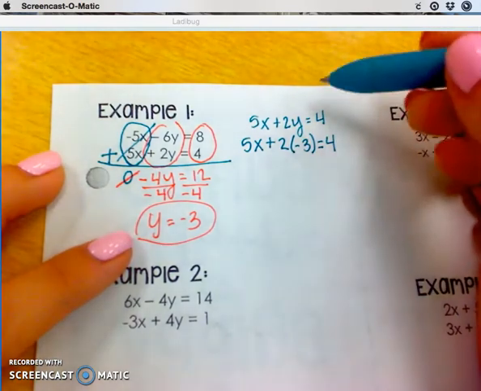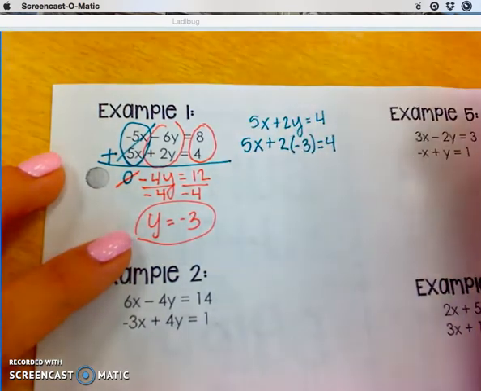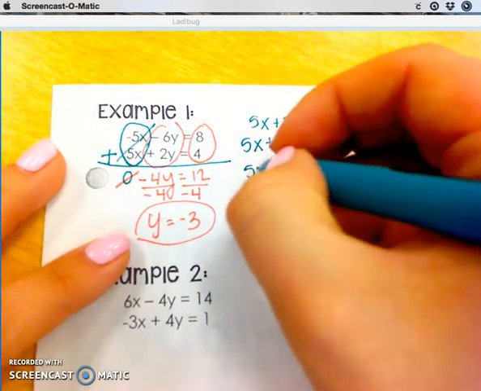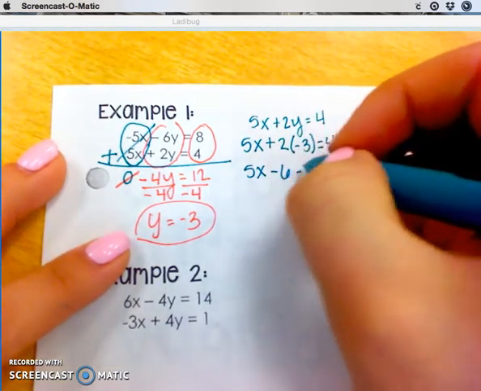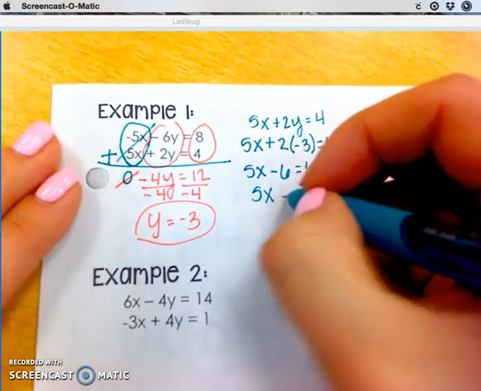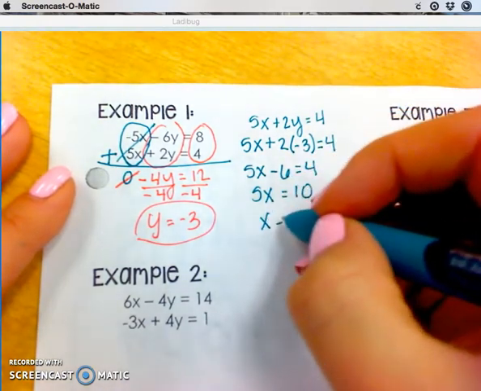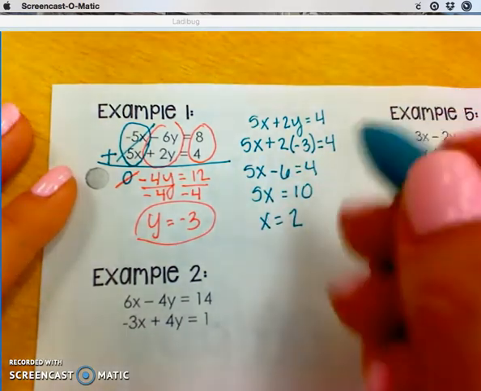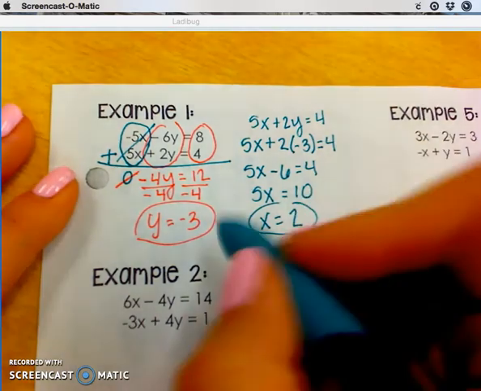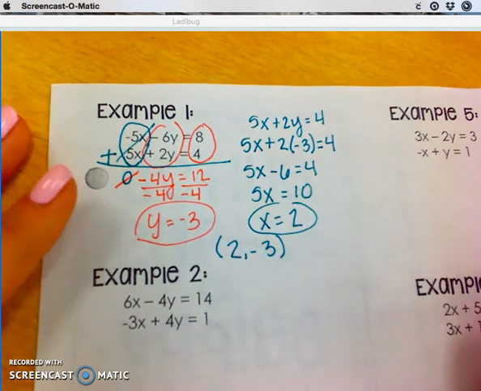It works in either equation though. So 5x minus 6 is 4. Add 6 to both sides. 5x equals 10. And divide by 5, x equals 2. So my solution to this system is 2, negative 3.